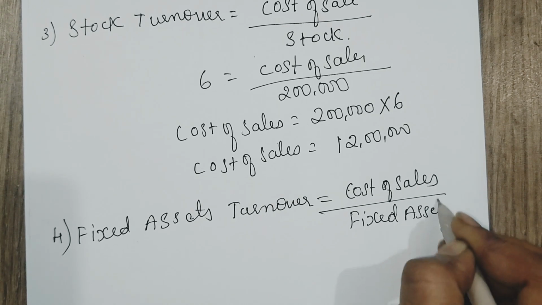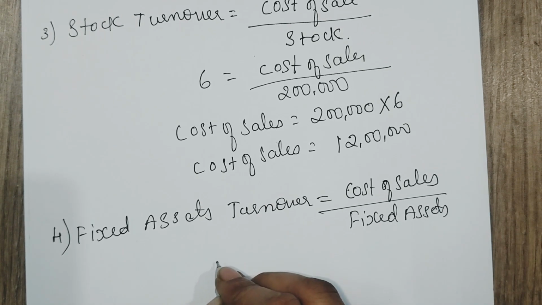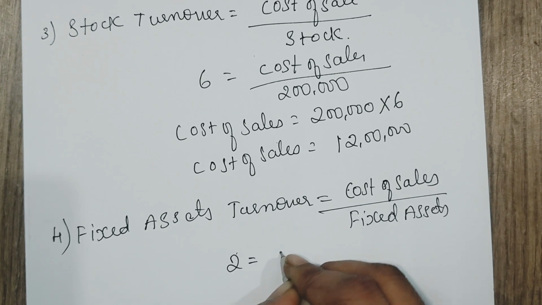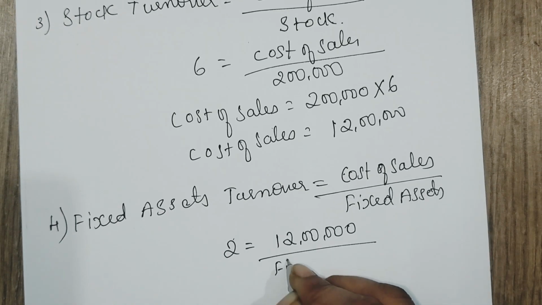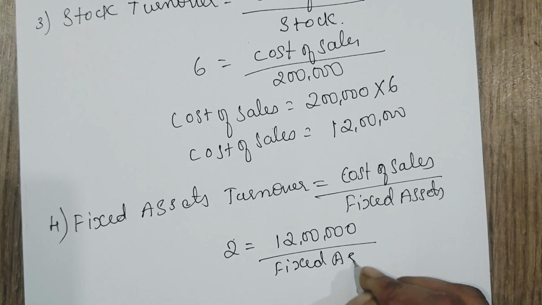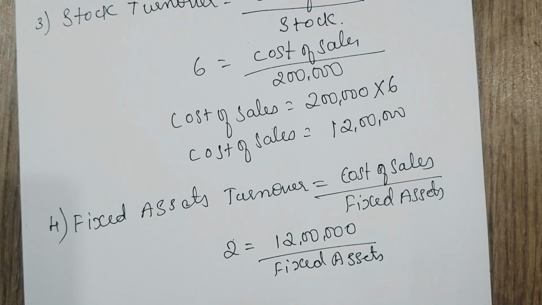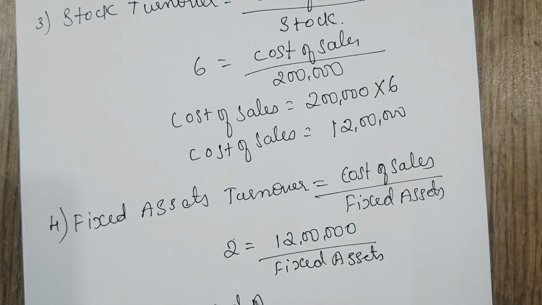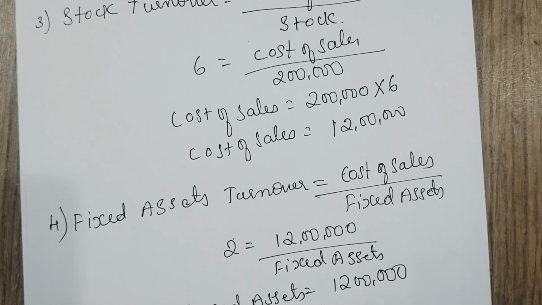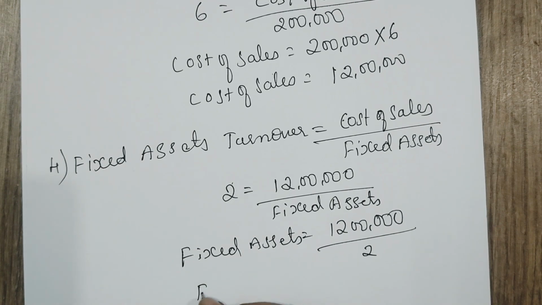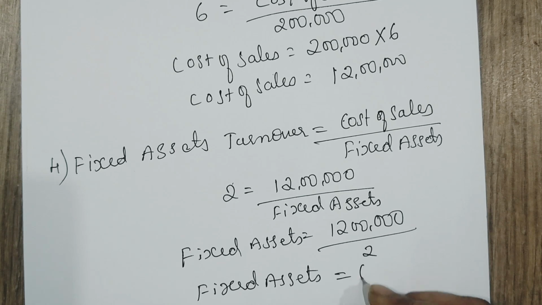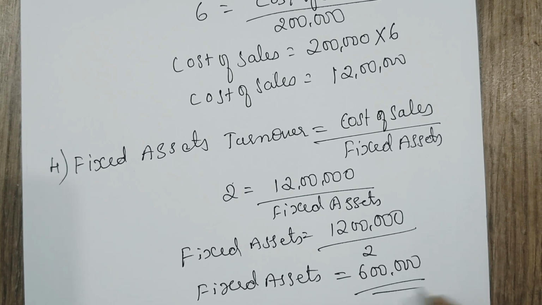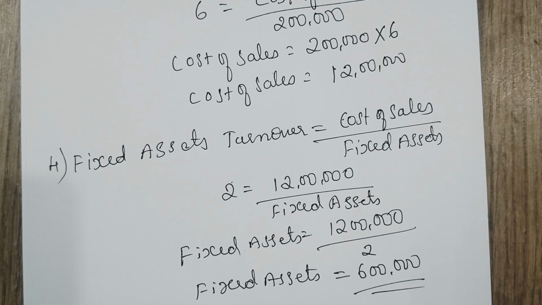Fixed asset we have to find out. Fixed asset turnover ratio is given, that is 2. Cost of sale is 12 lakh divided by fixed asset. So fixed asset is equal to 12 lakh divided by 2. Fixed asset is 6 lakh.